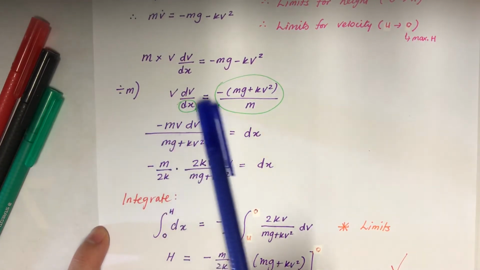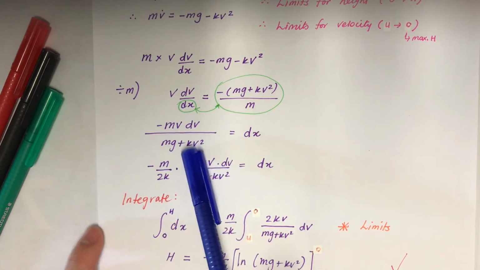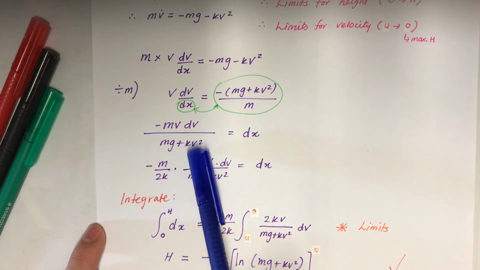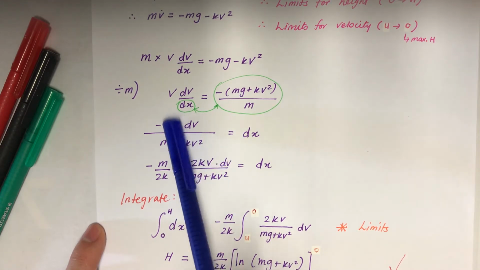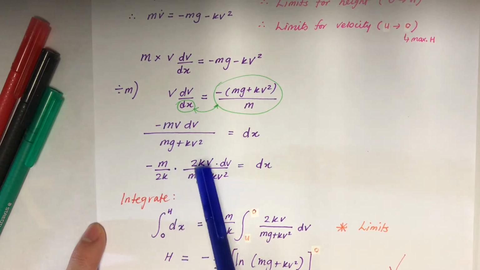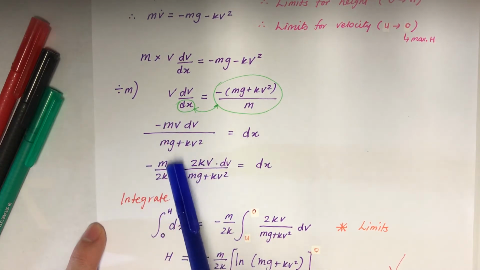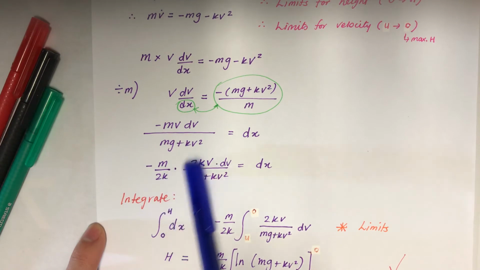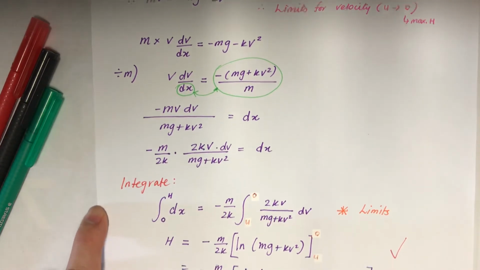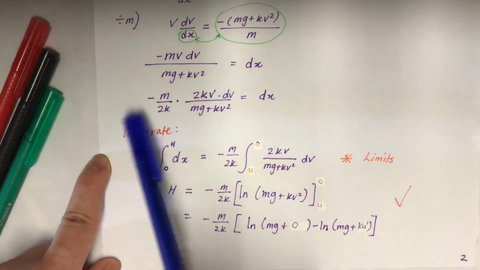Now we need to make this into a smooth integration form. So what do I need? 2kv here on the top. So I put 2kv, take the m out, divided by 2k, so that it won't change the original expression. Then we're ready to do the integration.